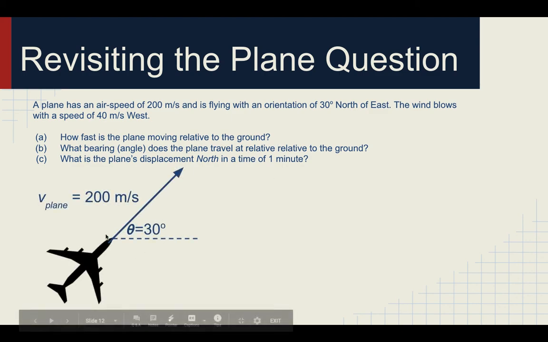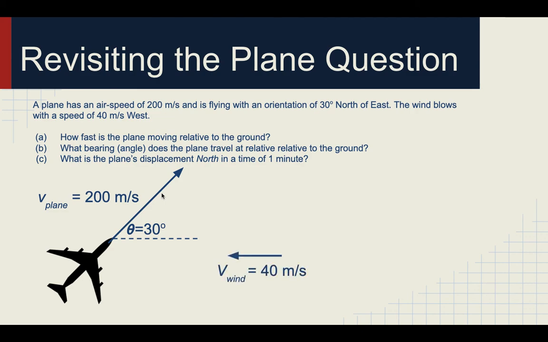So this is the motion of the plane by itself. This is in the air if there's no wind. That 30 degrees north of east just means, if this is the east direction, it's 30 degrees towards the northern direction from the eastern direction. So that's all this means here. Now, we also have the motion of the wind making the plane move an additional 40 meters per second to the west.